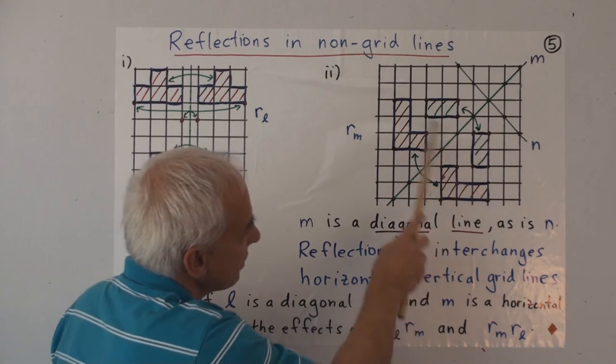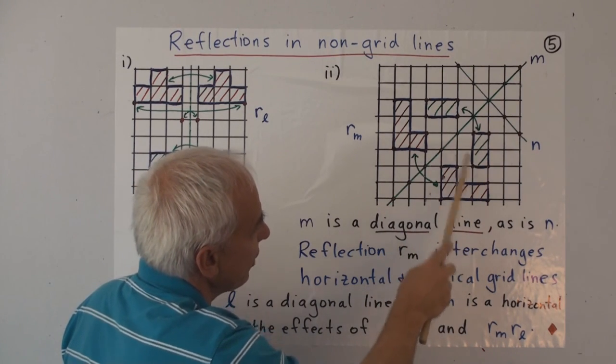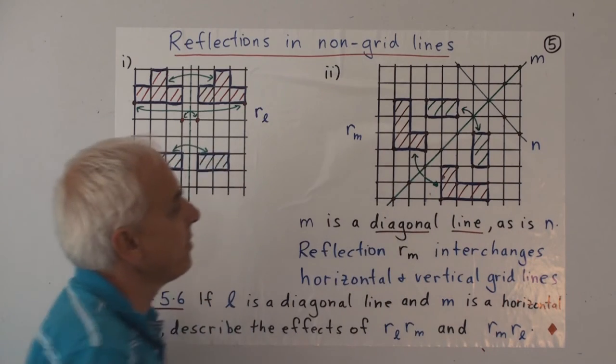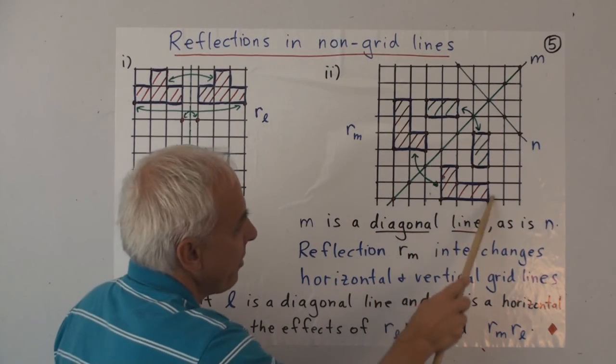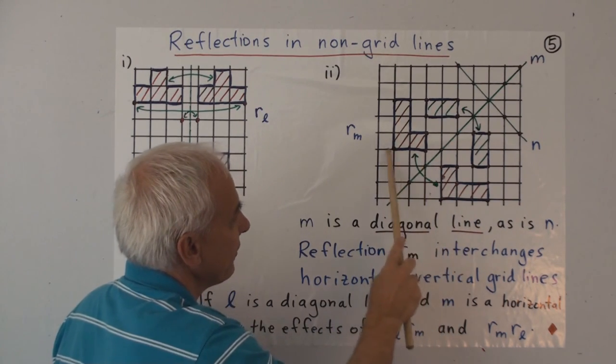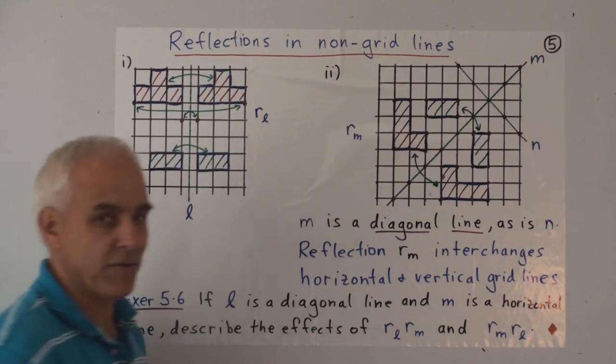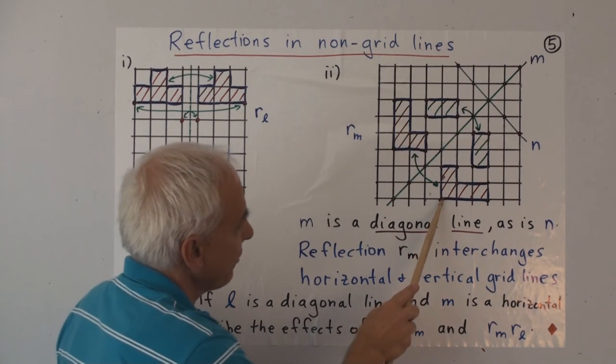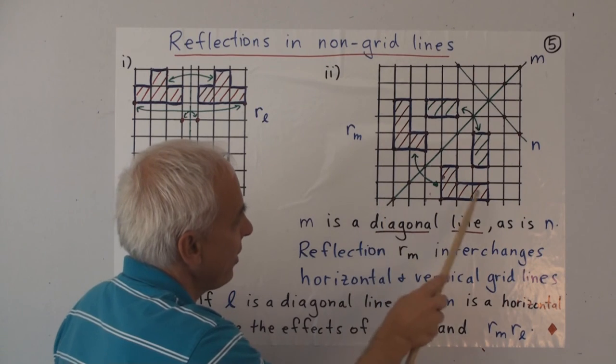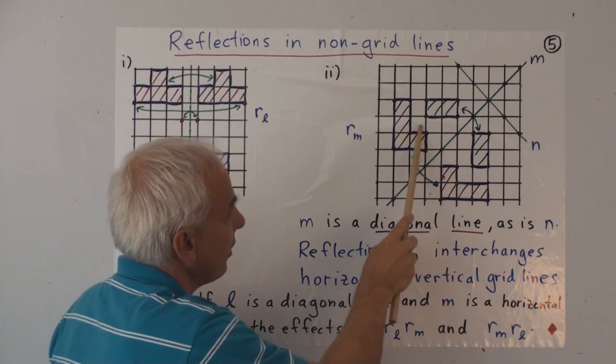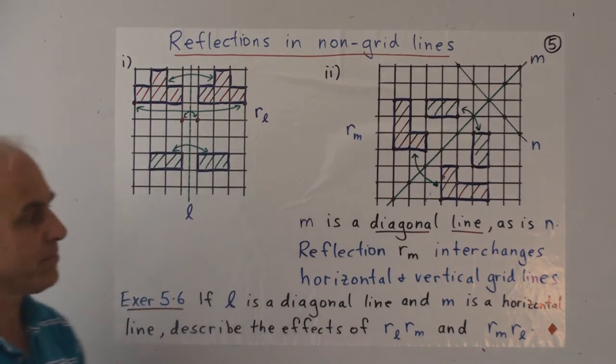In fact, you can see that this rectangle here, for example, is reflected to this one. This polyomino with 4 cells is reflected to this polyomino with 4 cells. Please check that. So for example, the reflection of this one is this one. The reflection of this point is this point, and so on.